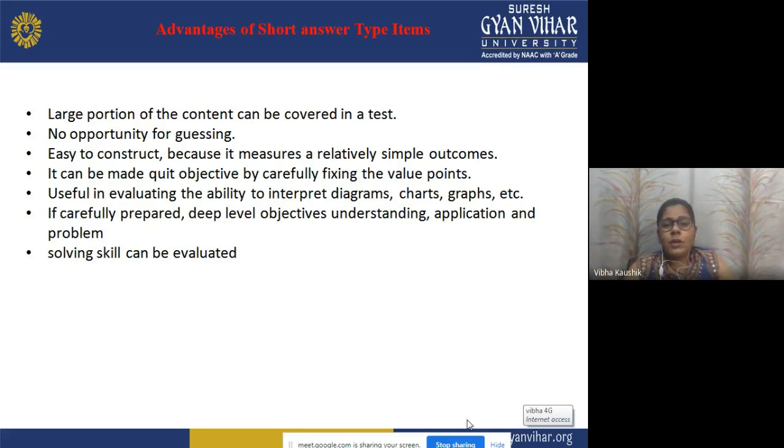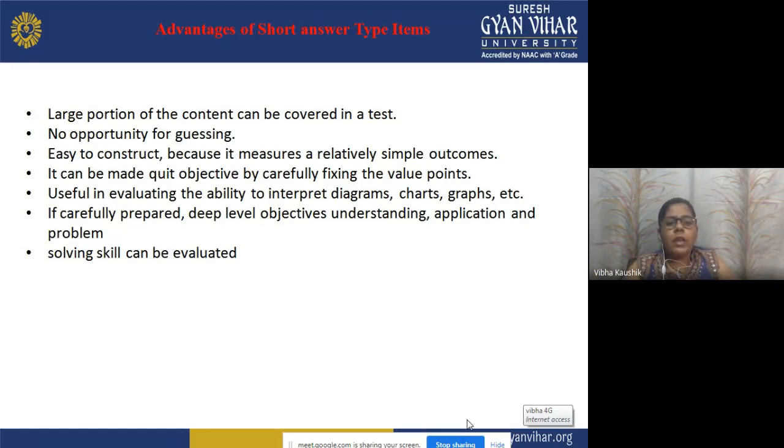It is easy to construct because it measures relatively simple outcomes. It can be made quite objective by carefully fixing the value points, so we can reduce the bias also when the teacher is framing the short answer type items.